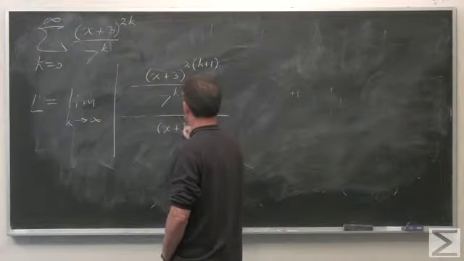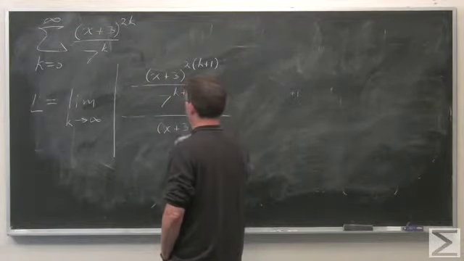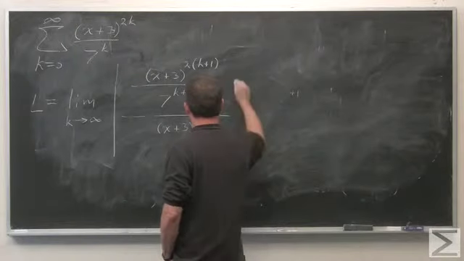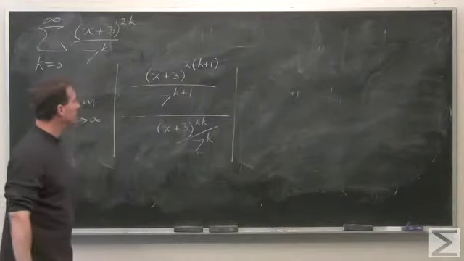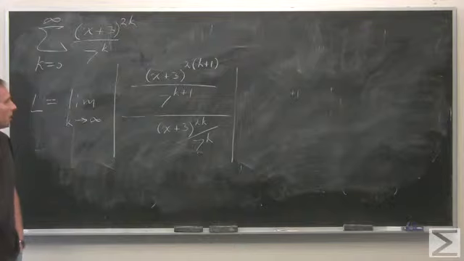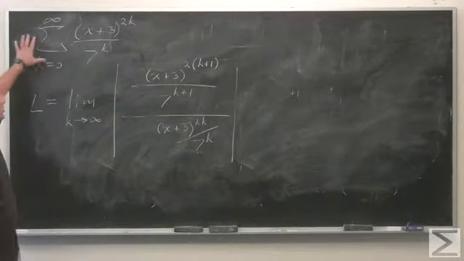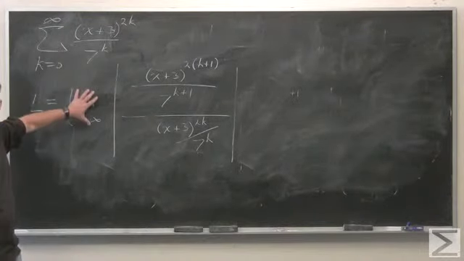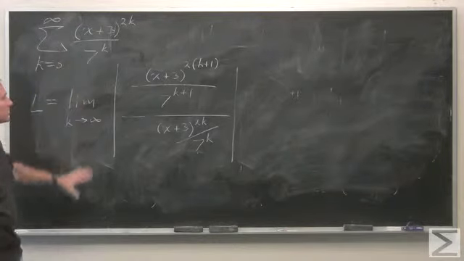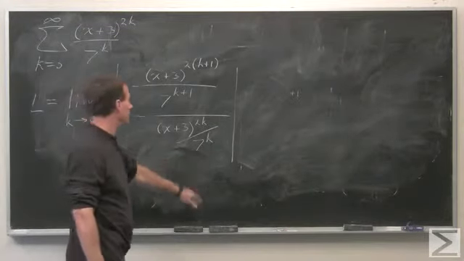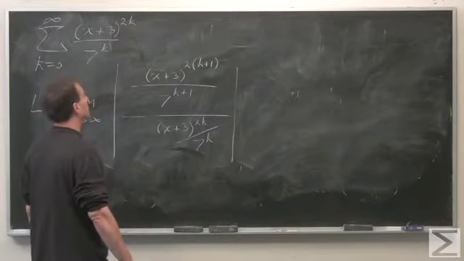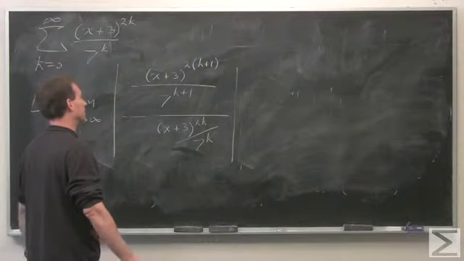So that's just what's sitting there staring you in the face. So we have to look at this limit. And the series will converge for those x's for which this is less than 1. It will diverge for those x's for which this is greater than 1. And when this limit comes out to be 1, we don't know what happens, at least not by the ratio test.